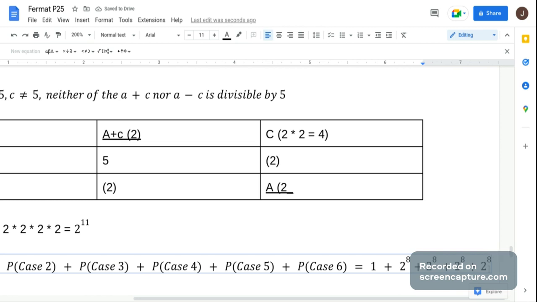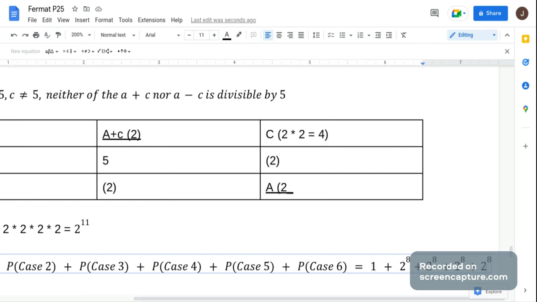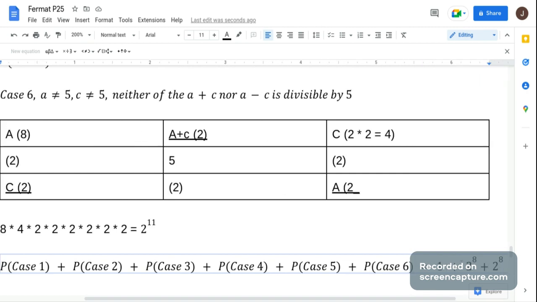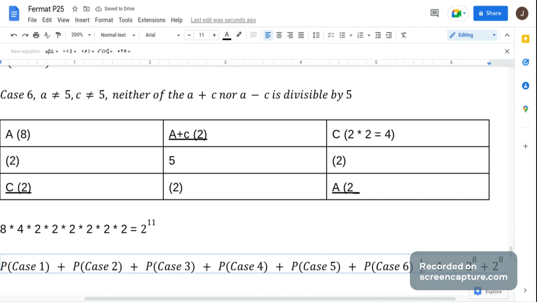And the sixth case has the possibility of 2 to the power of 11.